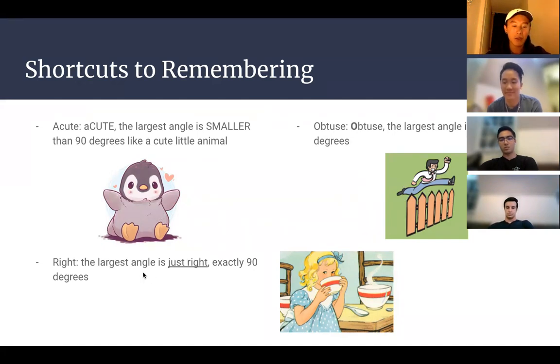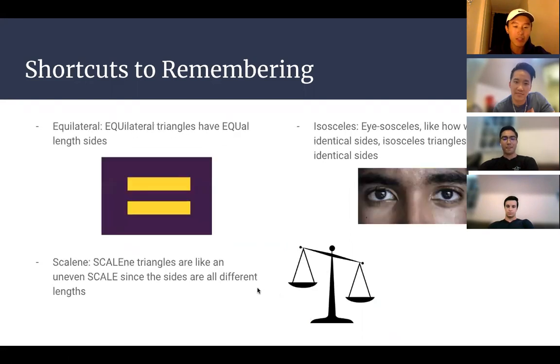And then finally, for the right triangle, the largest angle is just right. It's exactly 90 degrees. Kind of just like how, if you guys know the Goldilocks story, Goldilocks was searching for the just right bowl of porridge. And finally, for remembering the side lengths, for equilaterals, equilateral is very similar to the word equal. So we can remember this because equilateral triangles have equal length sides.